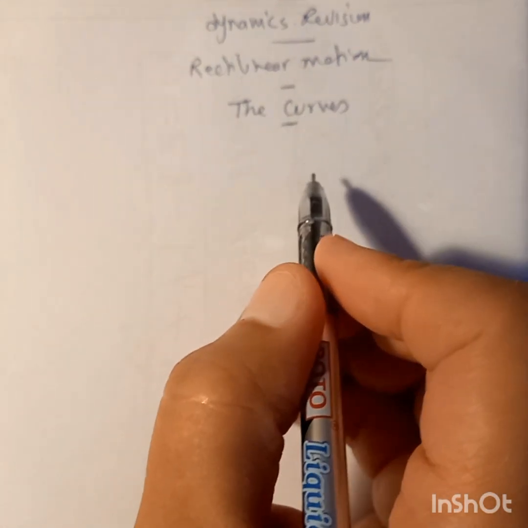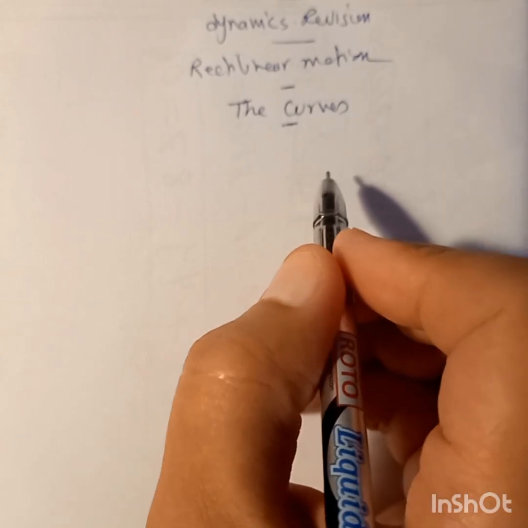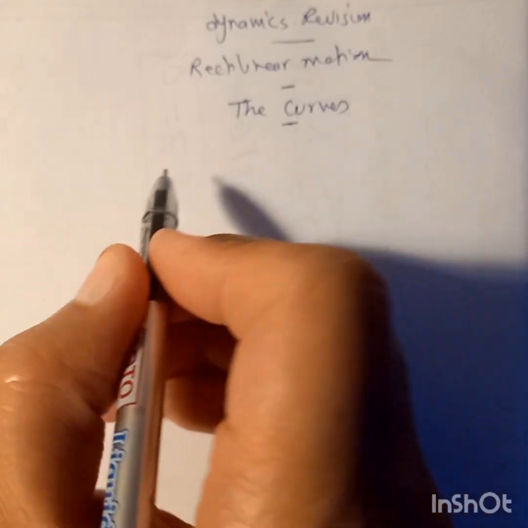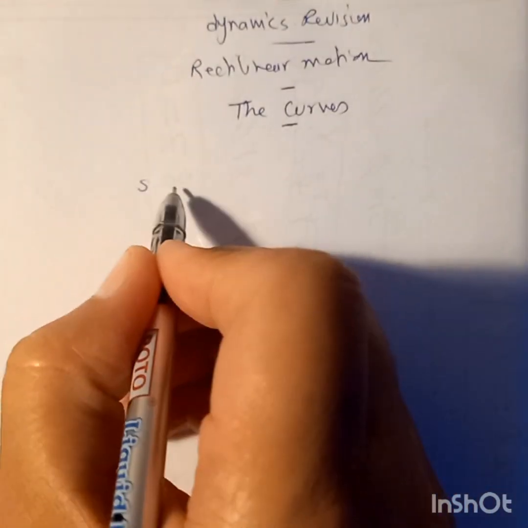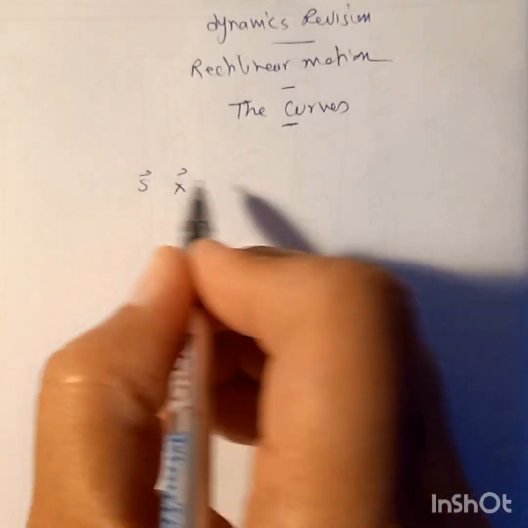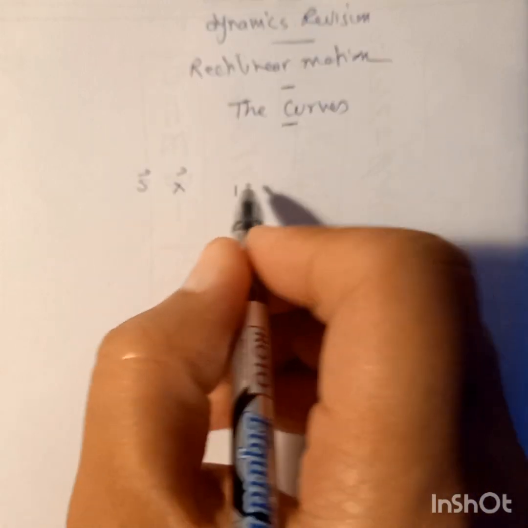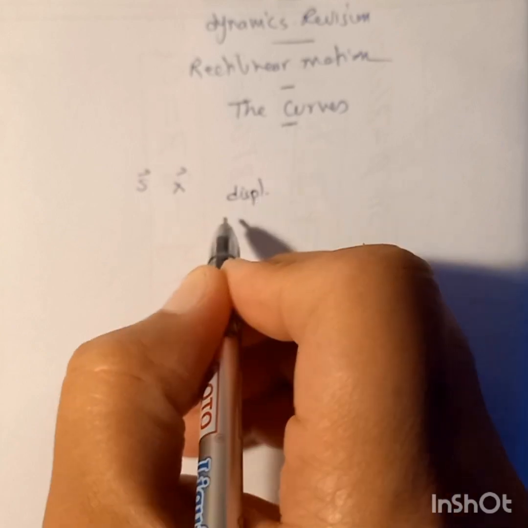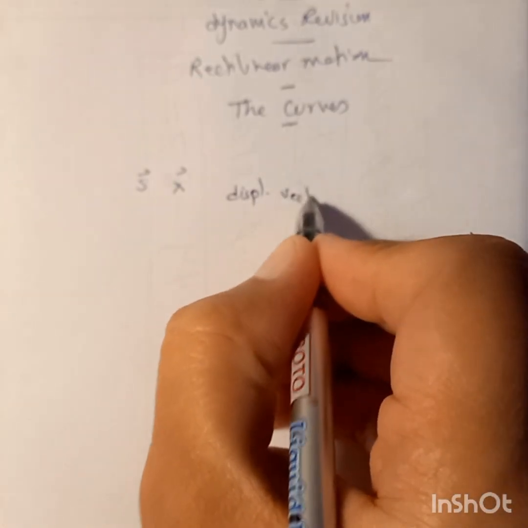As we said during explanation, we have many vector functions relating to this motion. We have s vector or x vector, which is the displacement vector.